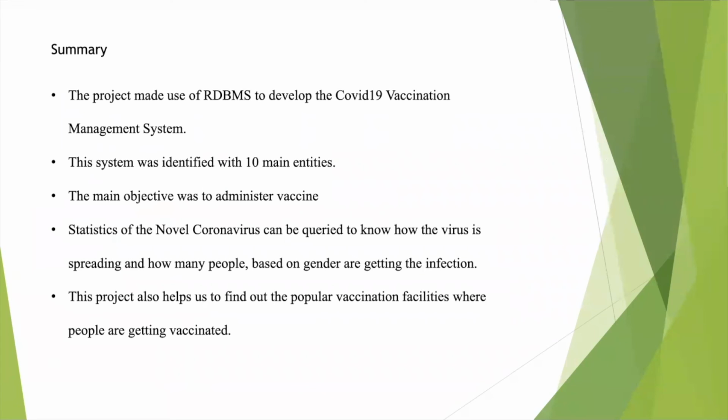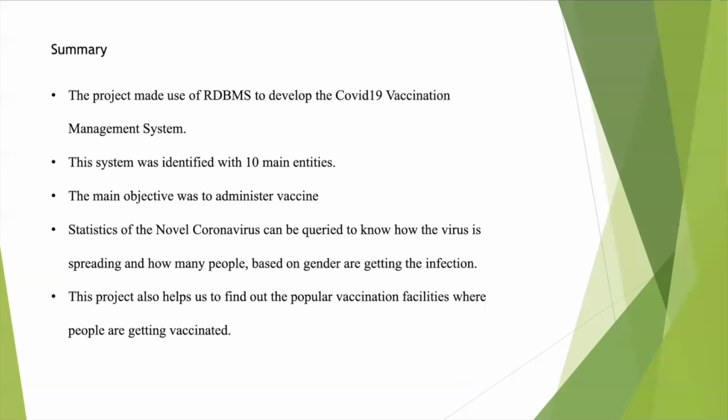The main objective was to administer the government recommended vaccine to the right age group, and this has been achieved using the stored procedure and triggers. Also, the condition that administering only 2 doses of vaccine and that the second shot is given only after the first shot has also been met. Statistics of the novel coronavirus can be queried to know how the virus is spreading and how many people based on gender are getting the infection.